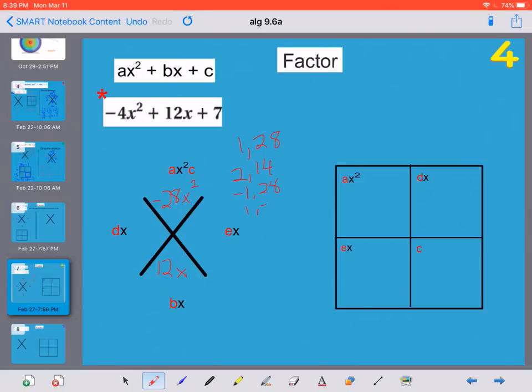Or 1 and negative 28. Or 2 and negative 14. And negative 2 and 14. So I see that I have 12. We need to add these together to get to 12. Well, I think this last one is going to add together to get to 12. So negative 2x and 14x.